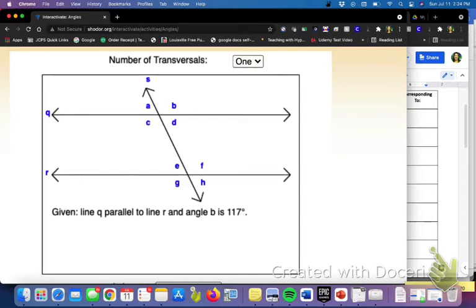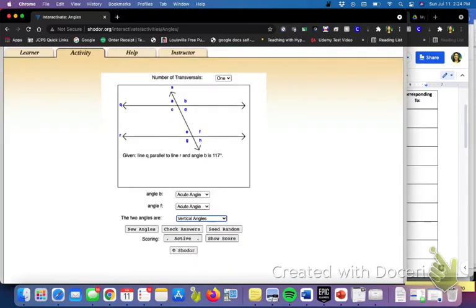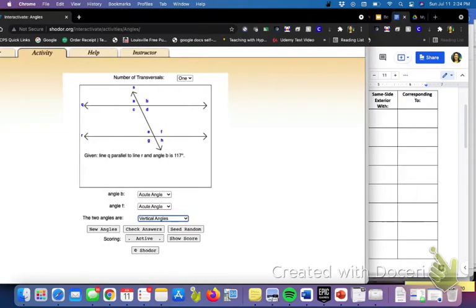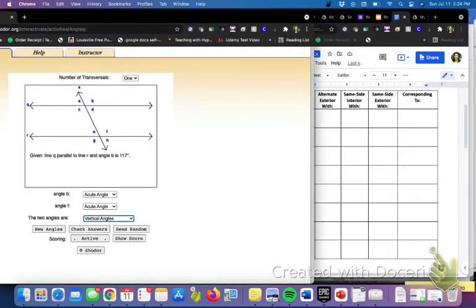But rather than us just doing notes, we're going to ask you to make some educated guesses about which angles represent each relationship. And so that is where the pieces of information that are here come into play.